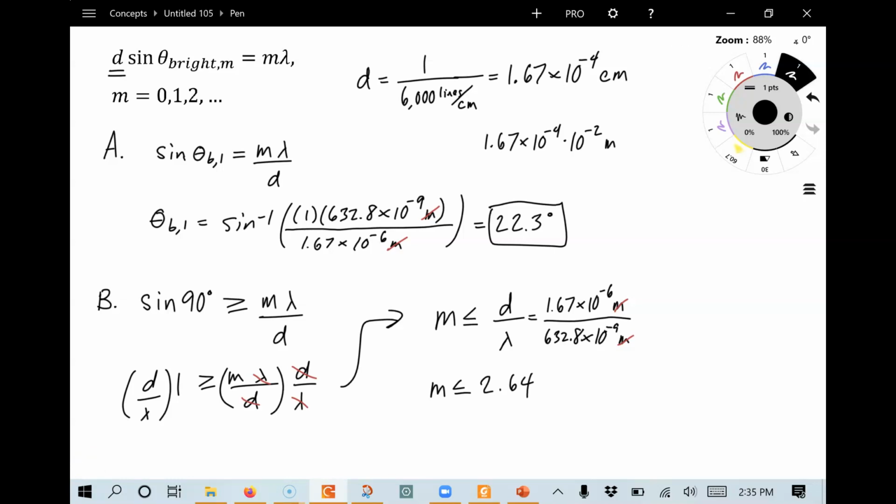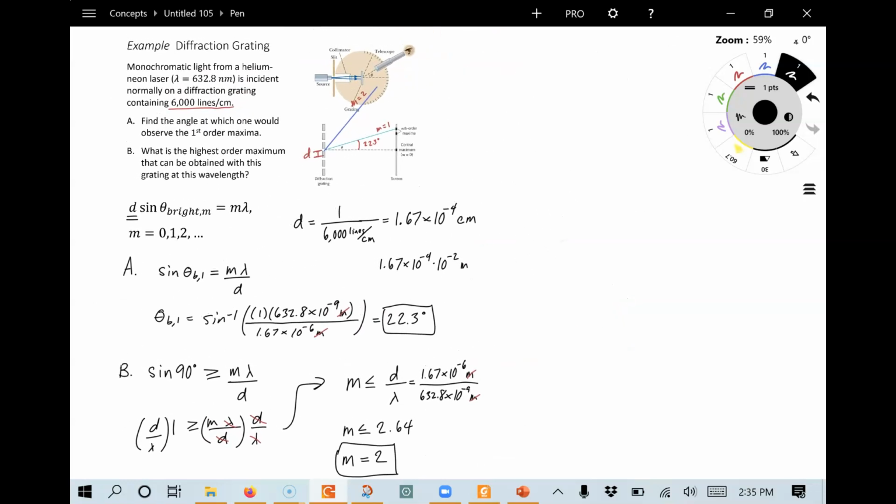And again, careful, don't round up. We always have to round down. m has to be less than that. So the maximum value is m equals 2. There won't be anything beyond the m equals 2 one that we see here. We're only going to have 2 bright interference spots, plus the central maxima. Of course, you've got 2 bright ones, m equals 1 and m equals 2, below the central maxima as well.